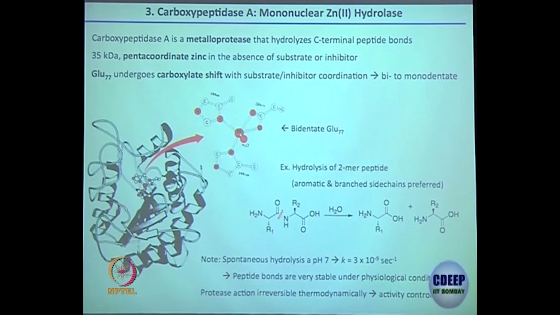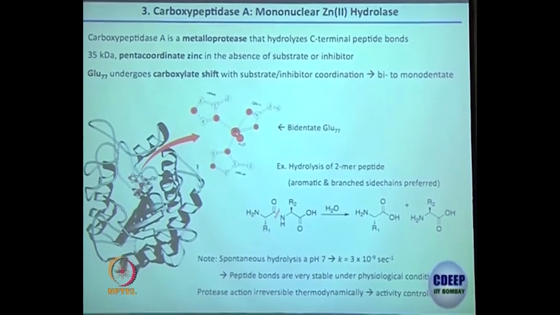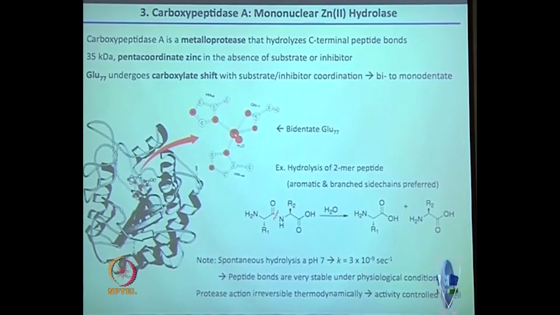It's an amide hydrolysis, but that amide hydrolysis is very slow under physiological condition. But the moment the zinc site is there, zinc hydroxo forms. Due to zinc being the Lewis acid, deprotonation of water becomes easier. That zinc hydroxo can do this wonder.